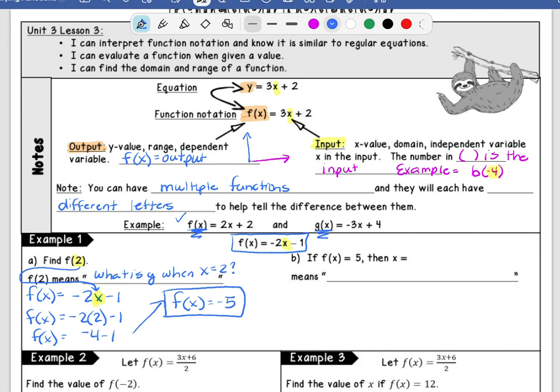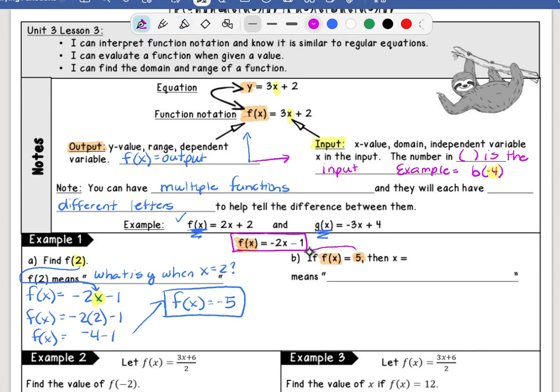Now, this other one over here, we're going to take this same function, okay? But notice it's asking, if f of x equals 5, then x equals, it's giving it to you in a little bit different way, okay? It's saying f of x equals 5. So when we look up at here and we see where our f of x is, we're going to replace it with 5, okay?